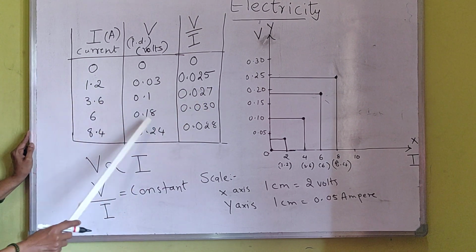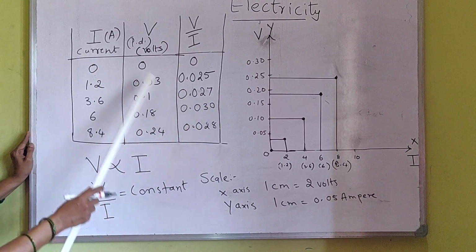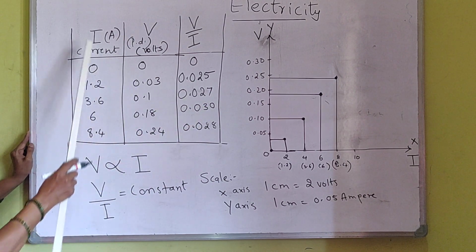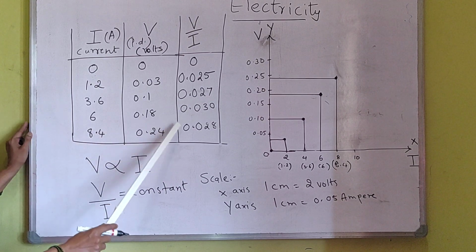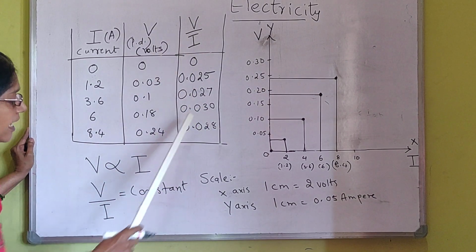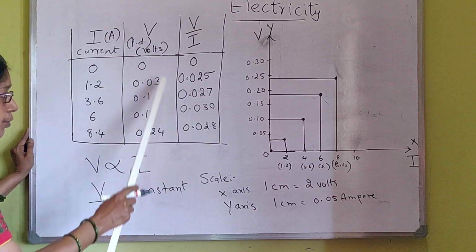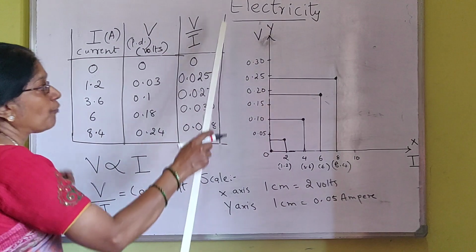When volt is 0.18, current is 6, it is 0.030. When volt is 0.24, current is 8.4, it is 0.028. Here you can see that almost V by I is always constant. This he showed or represented in the form of a graph.